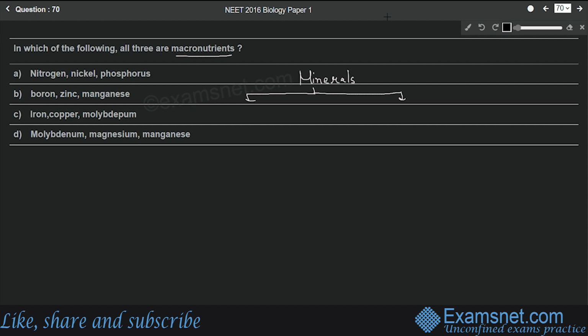For example, the minerals which are required in larger quantity are known as macronutrients, whereas those minerals which are required in smaller quantity are known as micronutrients.